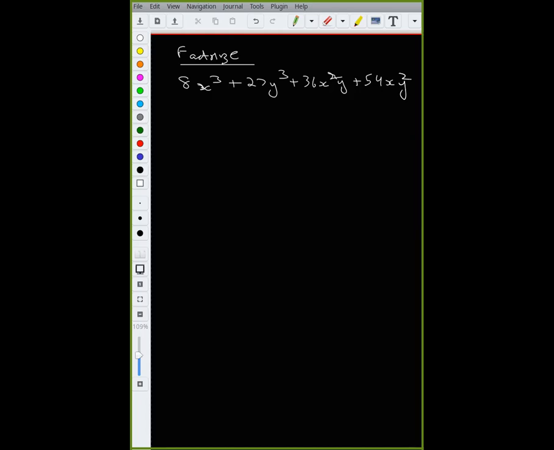Factorize this. If you're not able to figure it out, raise your hand.